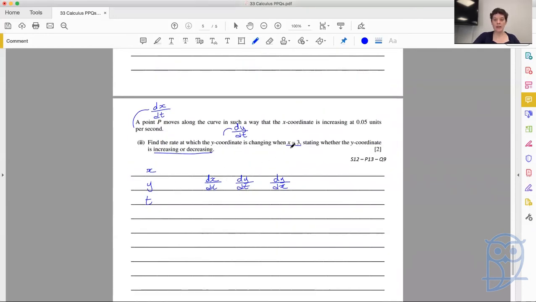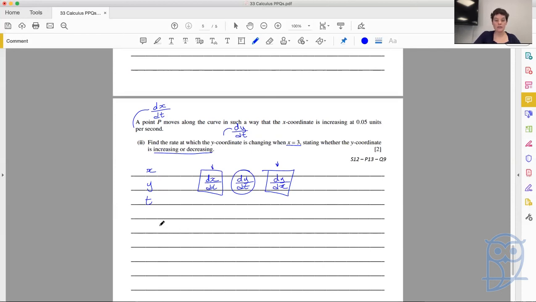So we have a value for x. We have a value for dx by dt. We're looking for dy by dt. dy by dx, we're going to be able to get a value for. So which are the two that belong on the same side of our chain? We have x on the top and x on the bottom.